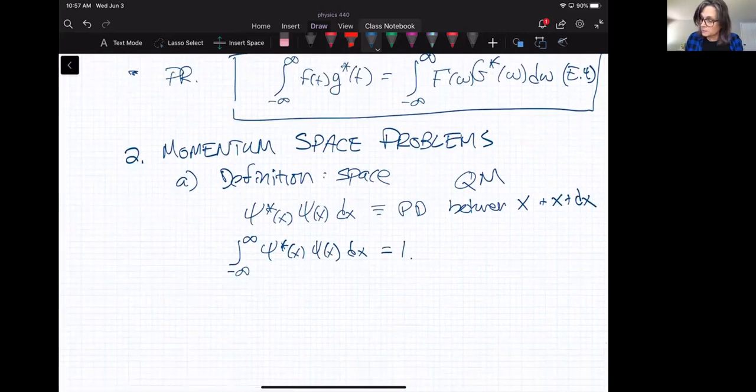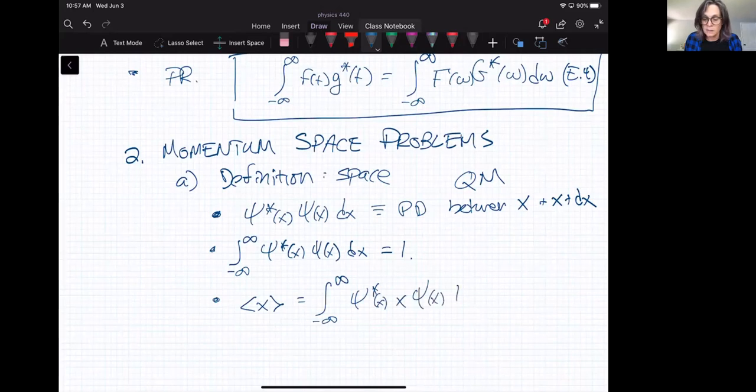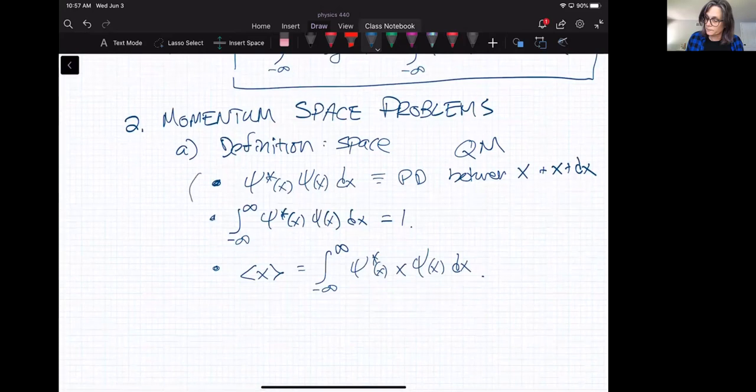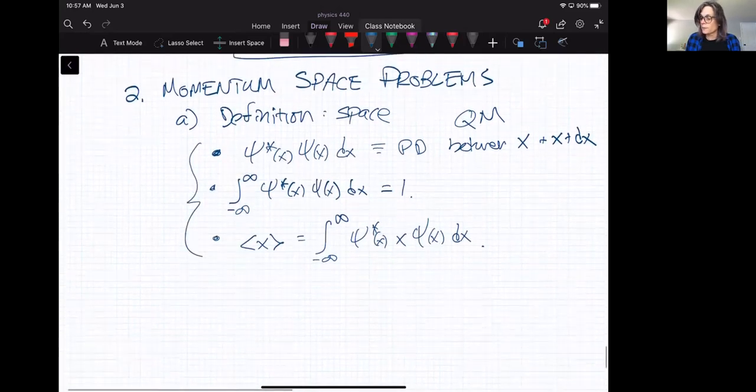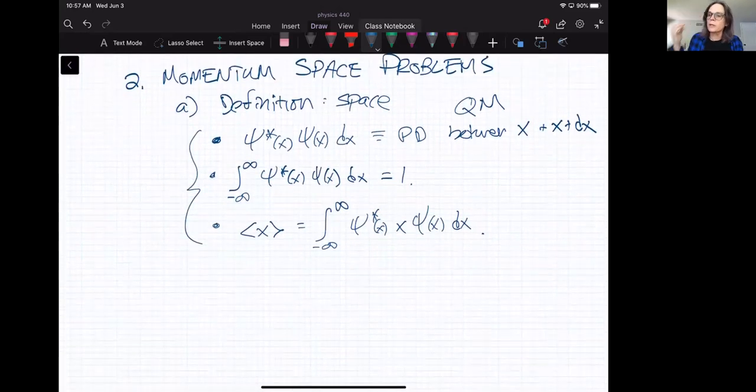And then we have the expectation value of x is equal to the integral from minus infinity to infinity of psi star of x times x psi of x dx, right? So that's typically your starting point when you start dealing with, say, the wave equation in quantum.